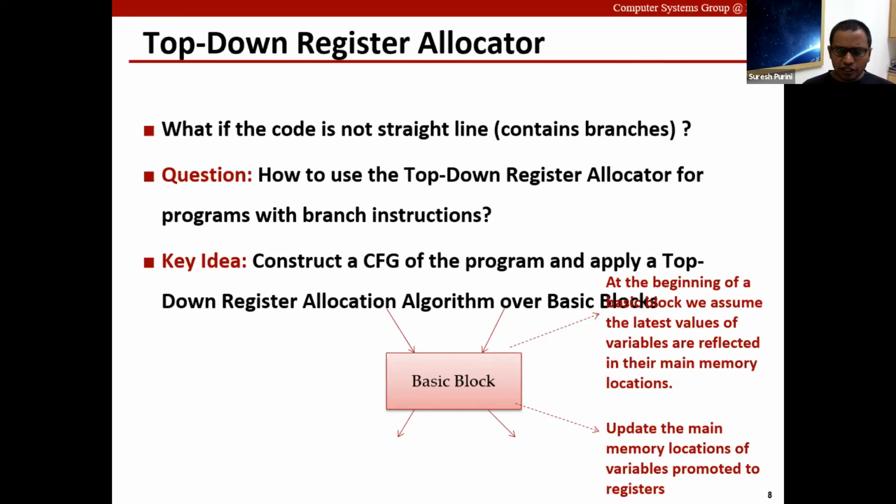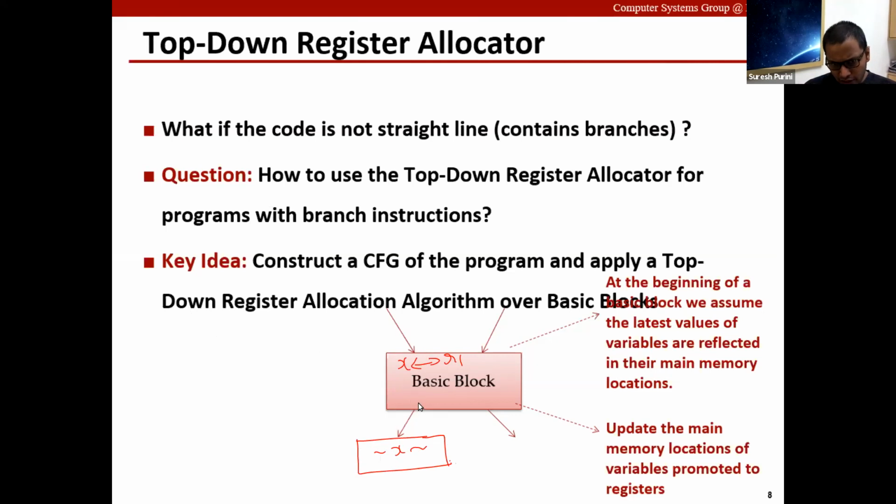But even if you use it in a basic block, we have to be careful. Let's say in this basic block there is a variable x. The variable x is allocated register R1 here, and we are using the variable x again here in this basic block.